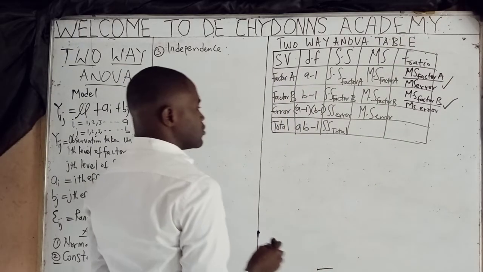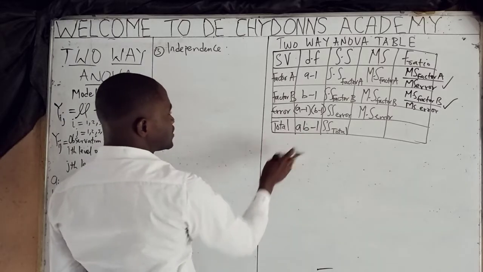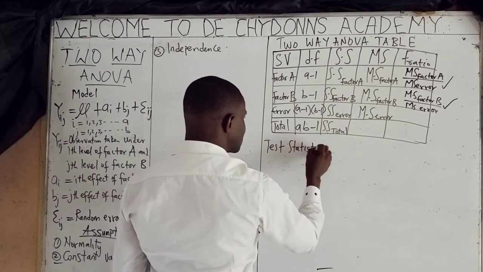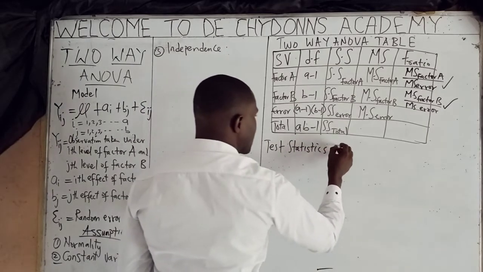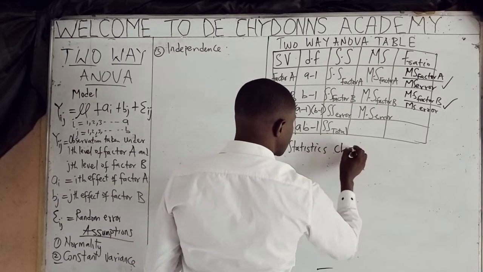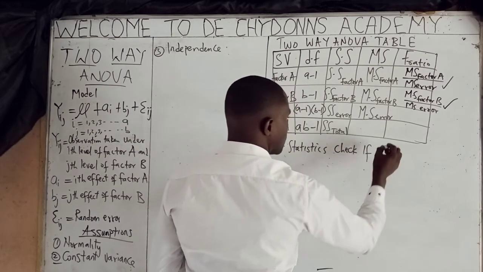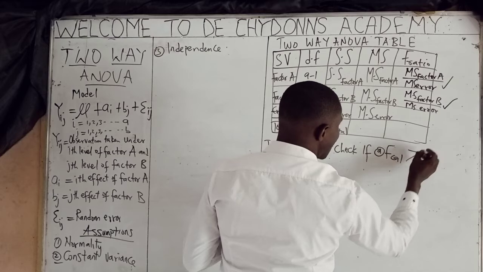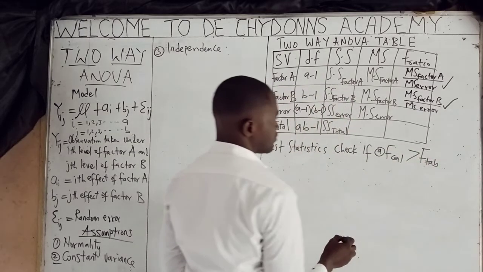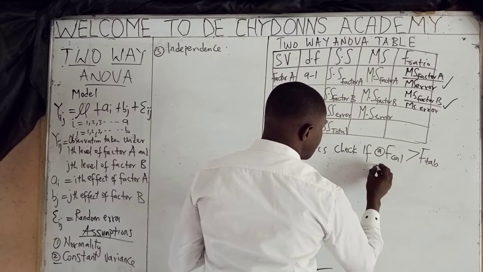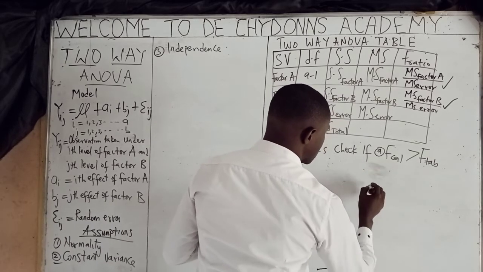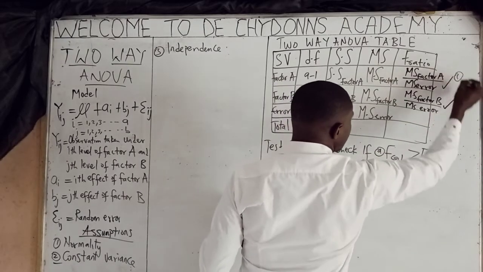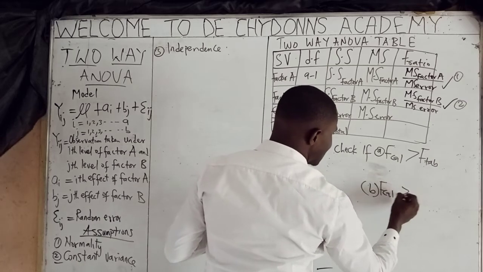Now, after you have written this, for your test statistic, check if F calculated for the first one is greater than F gotten from your table. Check again if F calculated for the second one is greater than F table.